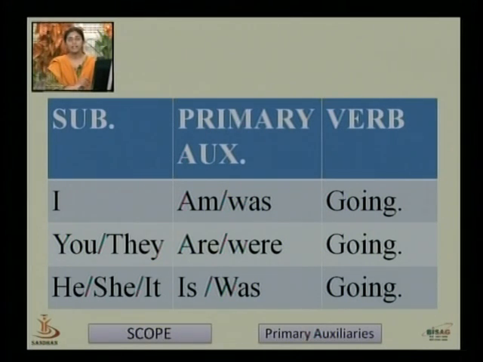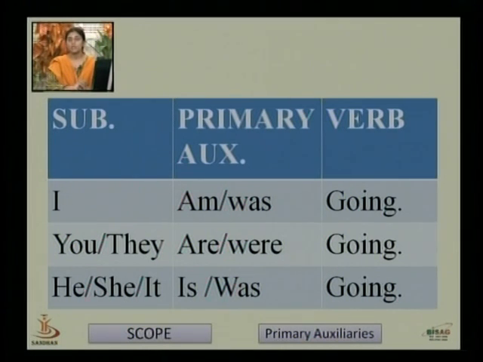In the earlier slides, we saw that the auxiliary verbs change their forms according to the tense, number and person of the subject. So, in the table you can see that first it is I, the first person singular, and second it is you and they, that is second and third person singular and plural respectively.